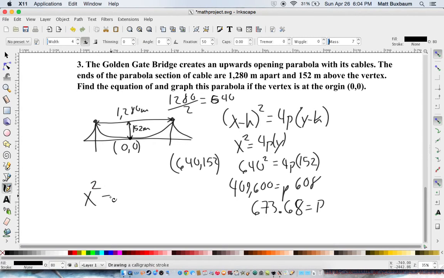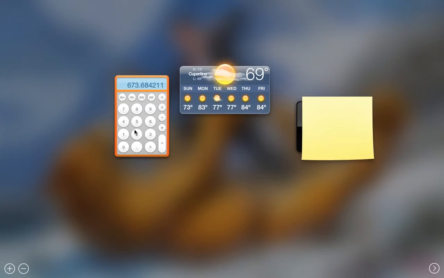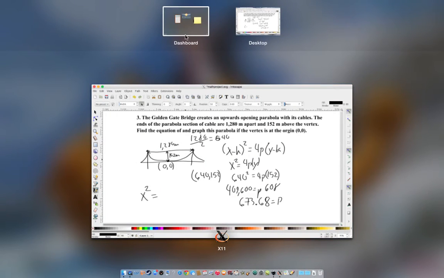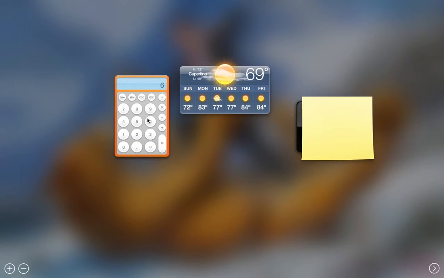So we are just going to plug that into our equation, and that will give us our equation of the parabola. So x² stays normal since our coordinates are 0, equals 4 times 673.68. So let's multiply that by 4 real fast. 673.68 times 4 equals 2,694.72.